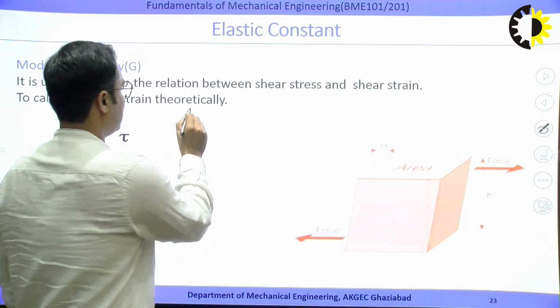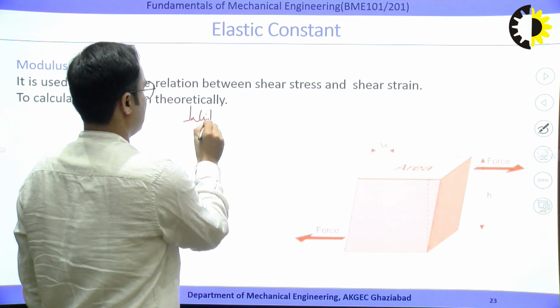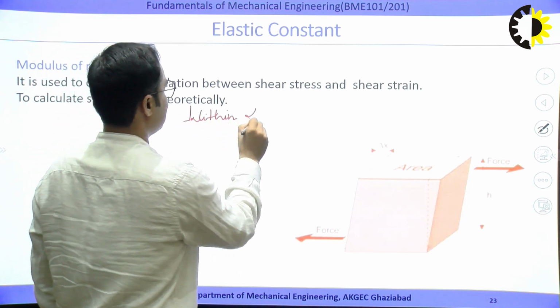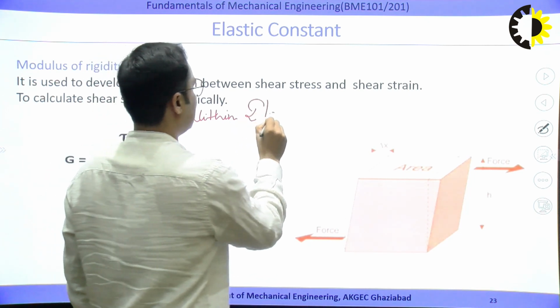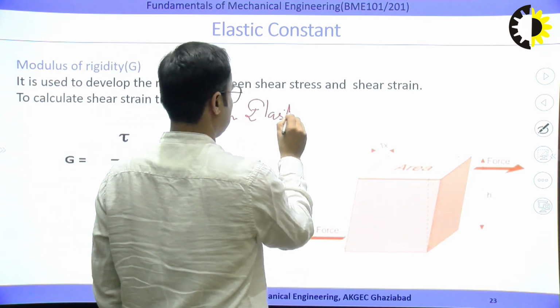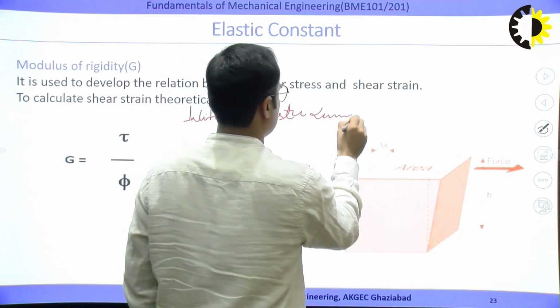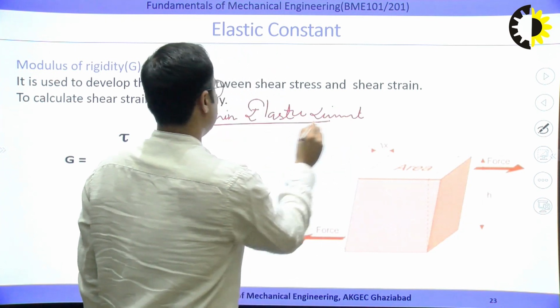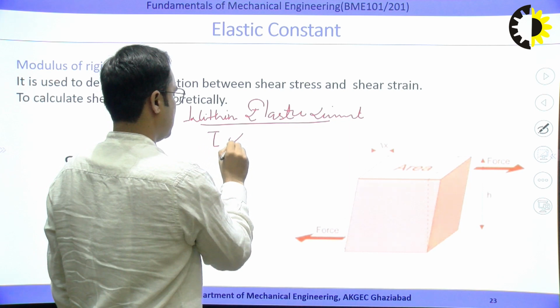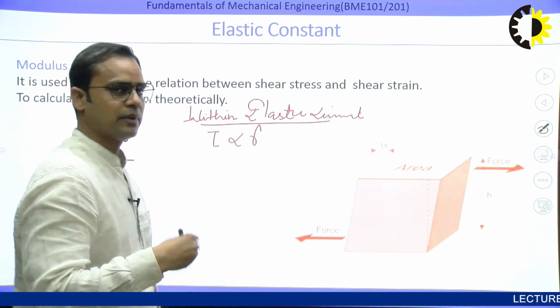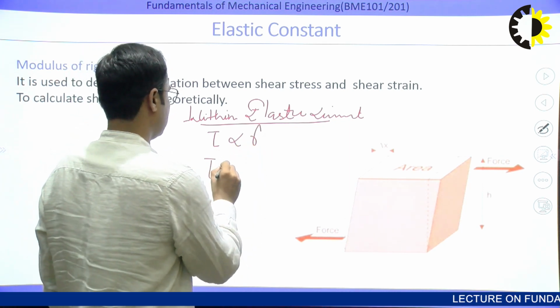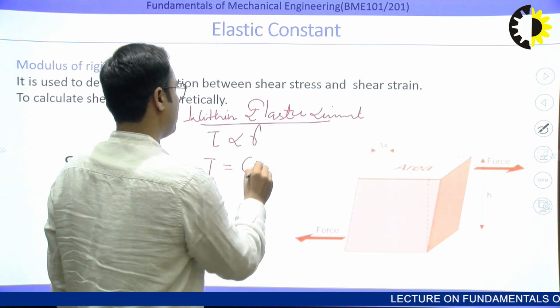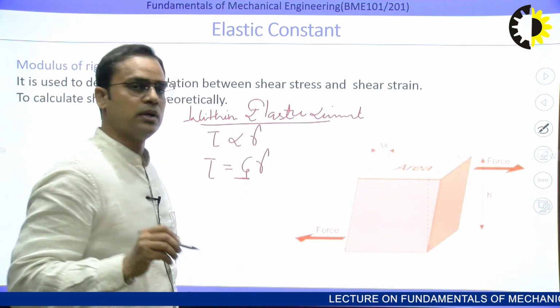So within the proportional limit, again we can say within the elastic limit or proportional limit, both are the same, shear stress is directly proportional to the shear strain. As we remove the proportionality sign, a constant comes into the picture, that is called modulus of rigidity.